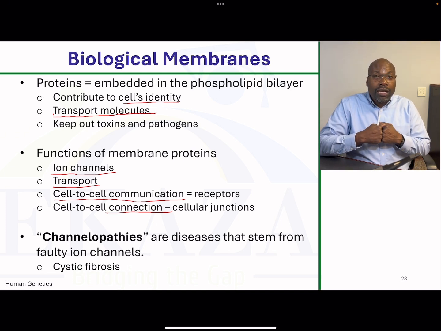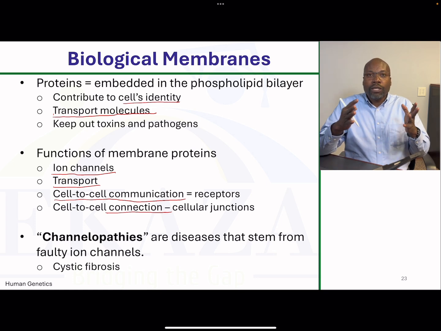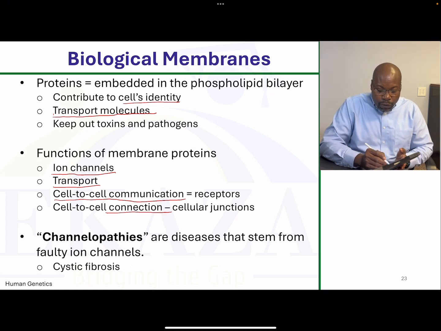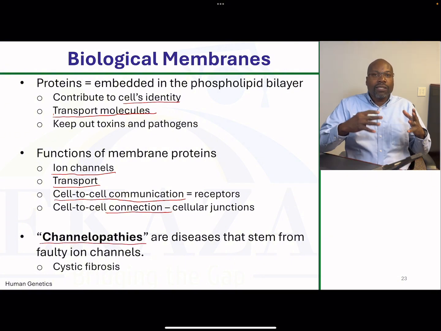There are some genetic diseases where the membrane proteins are not properly doing their job because they are not properly shaped. That's the case of what we call channelopathies. These channelopathies include, for instance, cystic fibrosis, right?